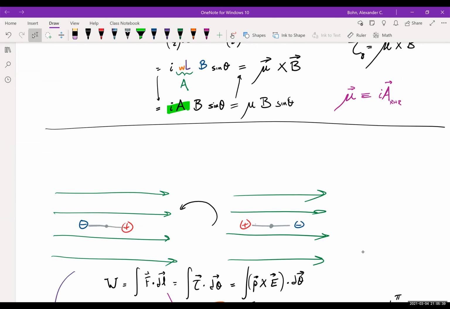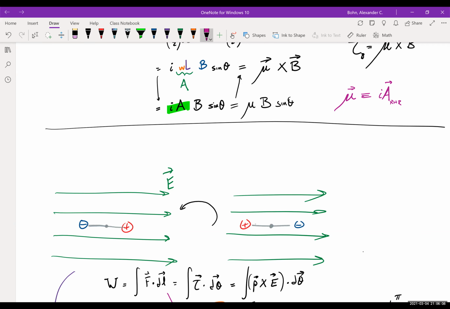Suppose we start in an electric field, E, that is uniform, with the dipole oriented the wrong way. Well, no. Suppose we orient it the right way.